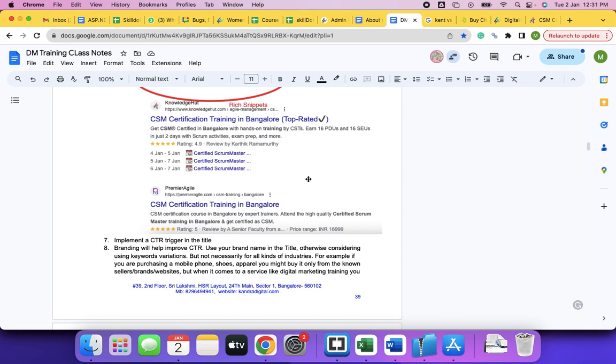What's the full form of CSM? Certified Scrum Master. That's Agile and Scrum, where software developers usually discuss the standards and work plan for the day. That's Scrum. So Certified Scrum Master is a program offered by an accreditation body called Scrum Alliance.